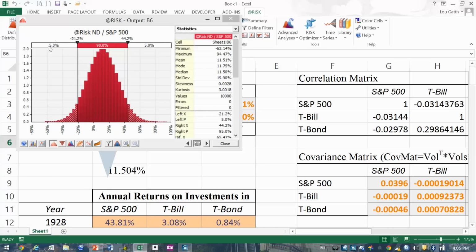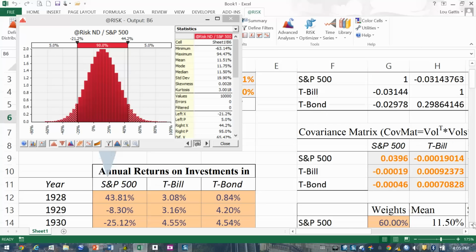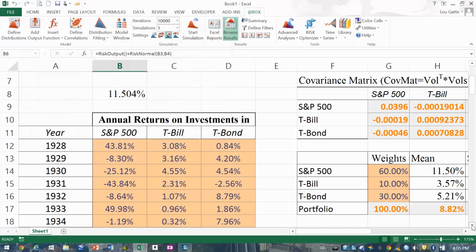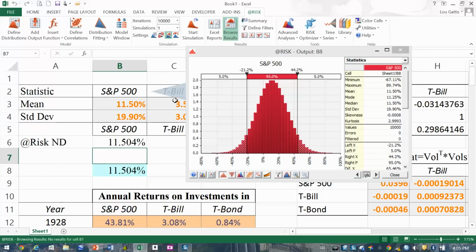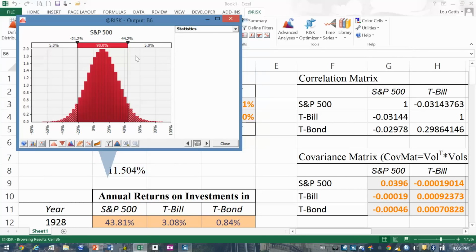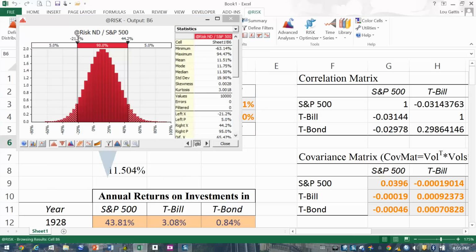You can see the 5% worst case is negative 21%, which is, by the way, well, no, we did that as a portfolio, so we can't talk about this. But the 5% worst is losing 21% in equities by themselves, not the portfolio, and 5% highest is 44%.